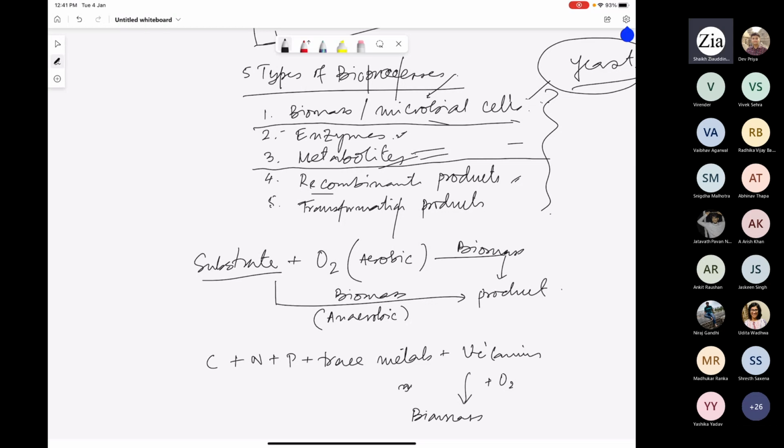Here also you are giving a certain amount of biomass, so rather we can put it on the left-hand side also, some amount of biomass. And then finally you get biomass, some bioproduct, water. For aerobic, you can get carbon dioxide. For anaerobic, you can get methane or many other gaseous compounds based on your requirement.